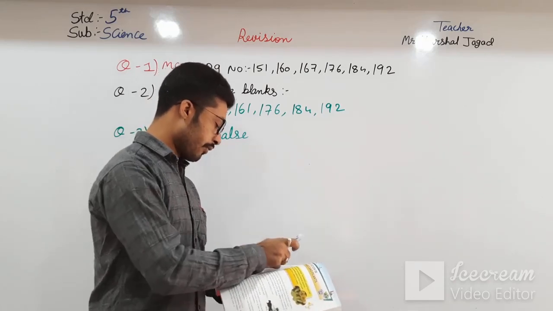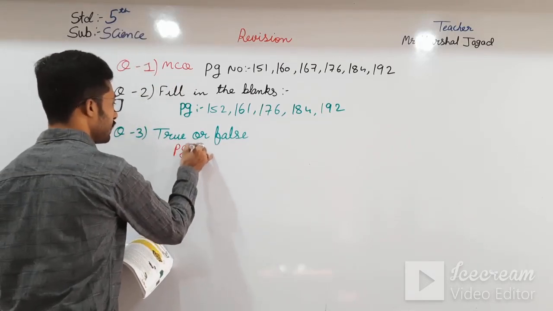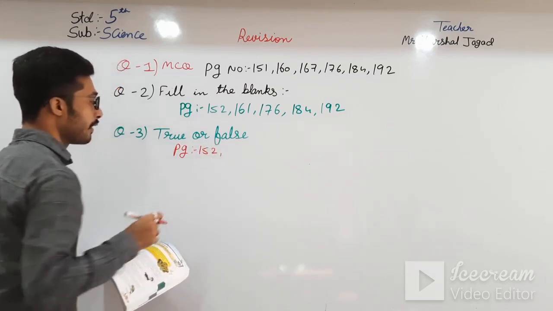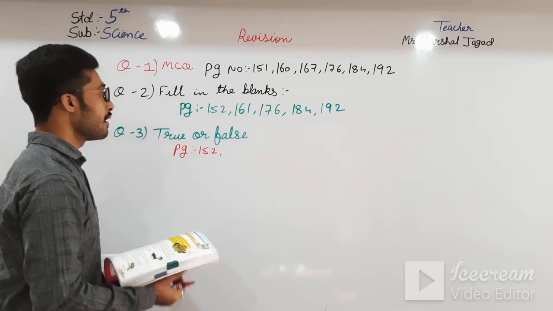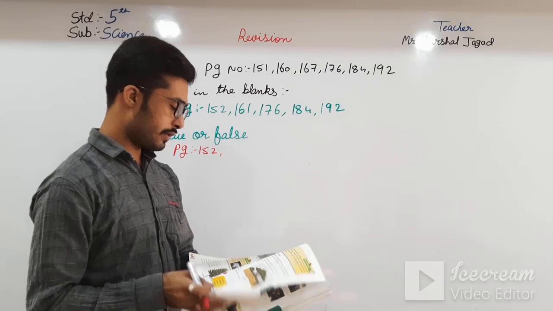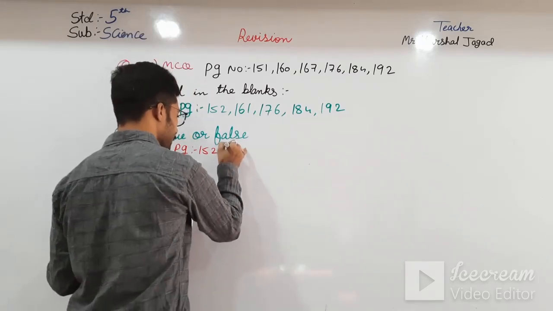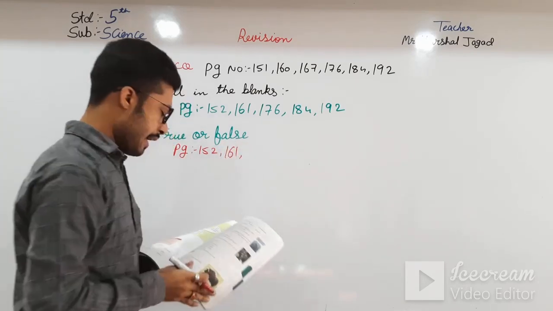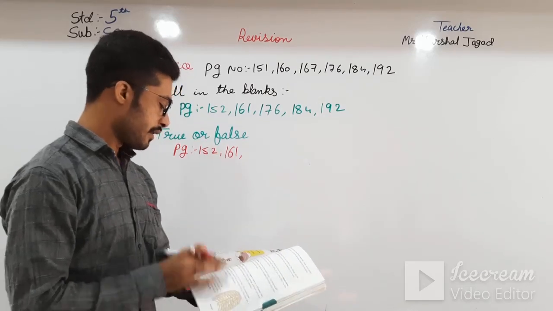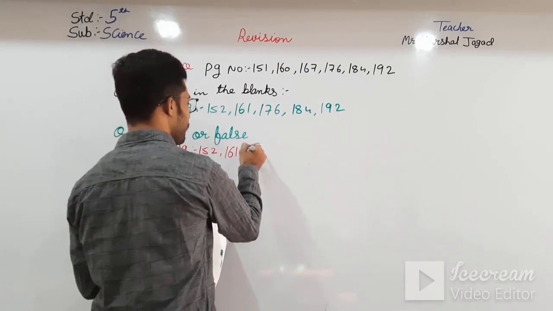The true or false of chapter number 1 is at page number 152. Then chapter number 2 is on page number 161. Chapter number 3 has true or false on page number 167.